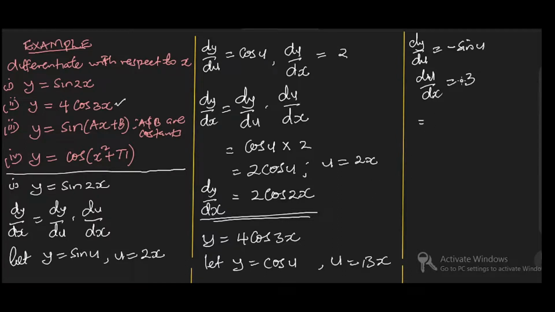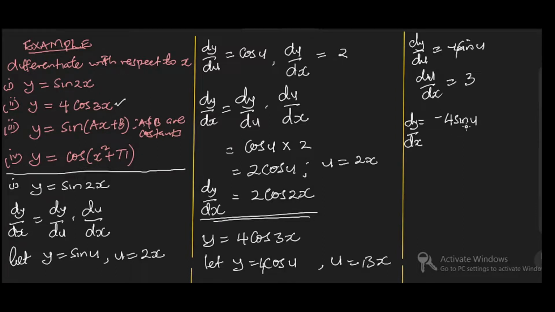Finally we multiply. Please maintain this 4. The 4 should move with it, don't leave out the 4. So dy/dx will be negative 4 sine u.